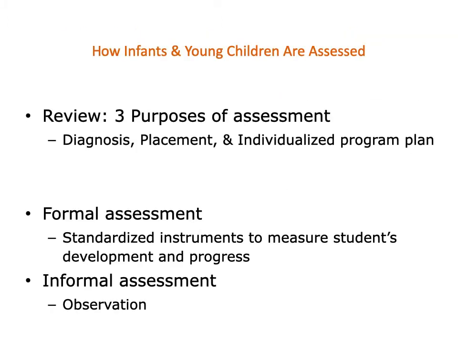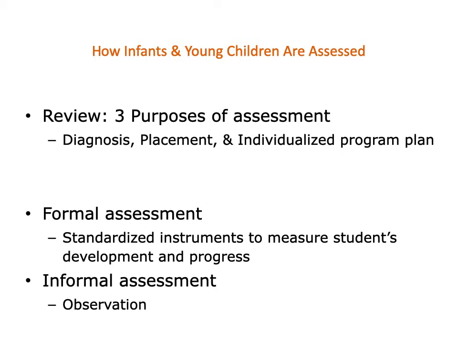Last week, we talked about why we assess the student: to diagnose, place, and plan individualized program. There are various assessment formats available to meet those goals. First one is informal assessment. The most popular format of informal assessment is observation.